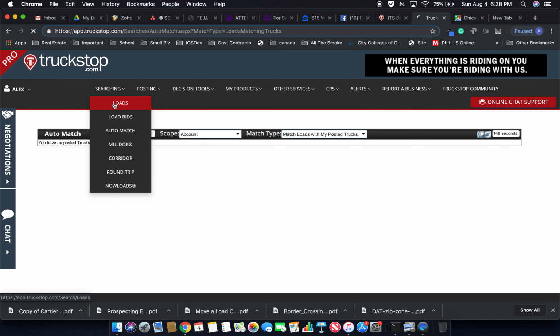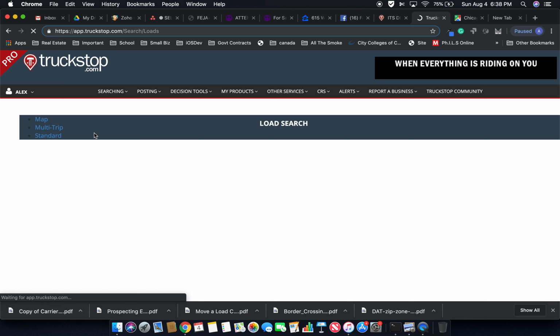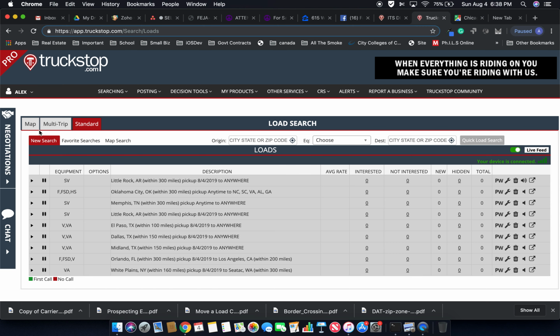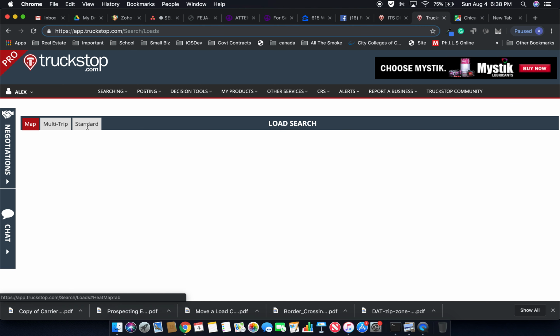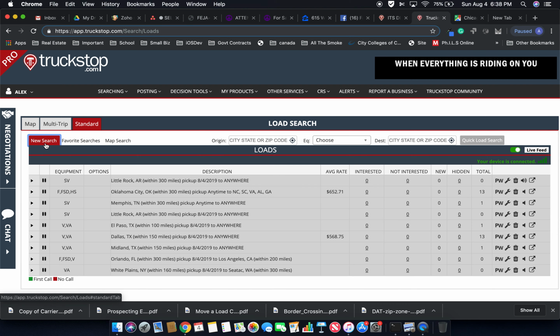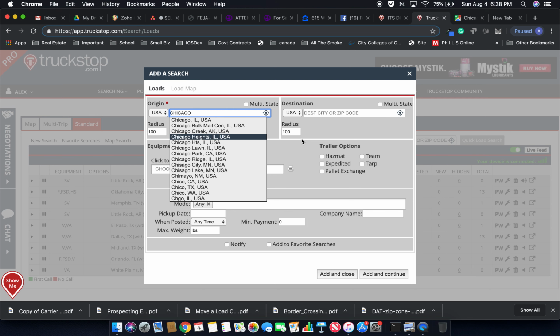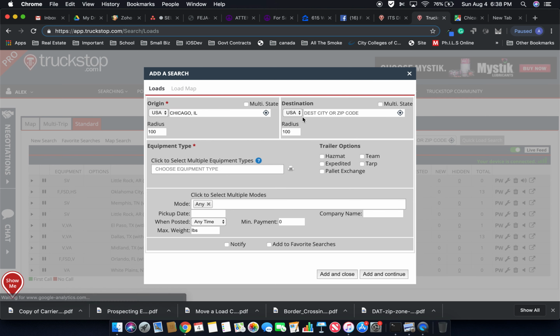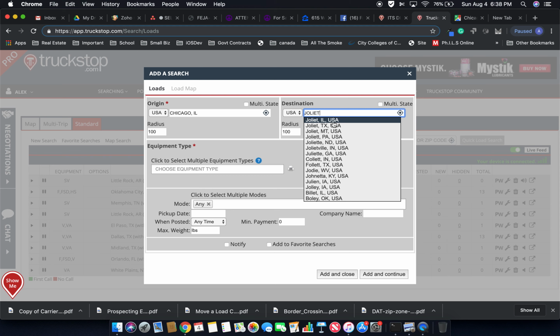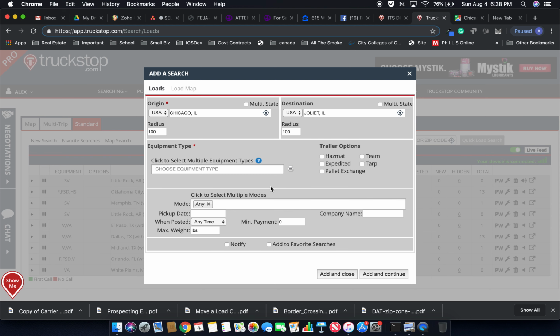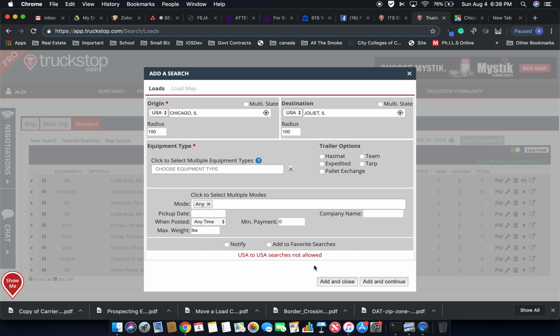Right now I'm just clicking through because I've only used one screen of ITS, so we're going to figure some stuff out. Let's do a new search and just do that. So let's just say Chicago to Joliet. We're not going to put in a specific load just yet.